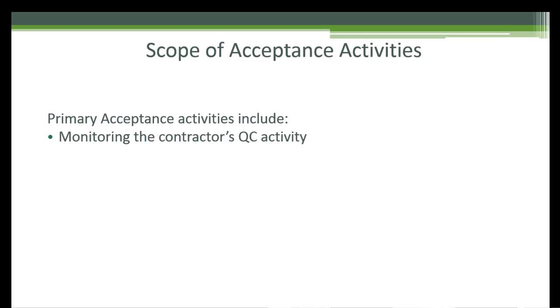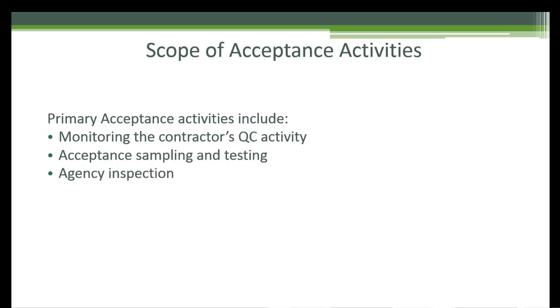The primary QA activities are monitoring the QC work by the contractor, as well as independent or split sample testing and testing of the materials involved in the construction process, as well as their own inspection. And basically, if you put these into 3 words, it's evaluating product quality.